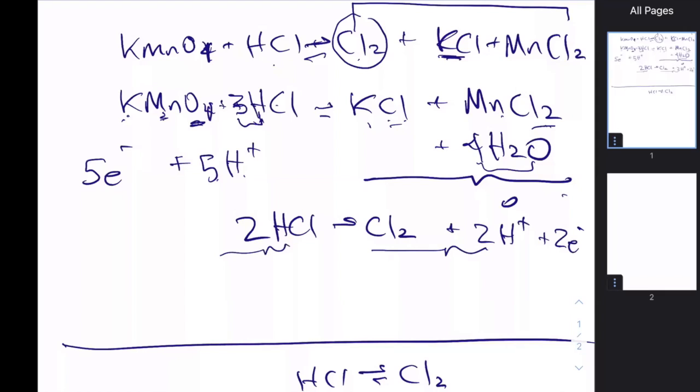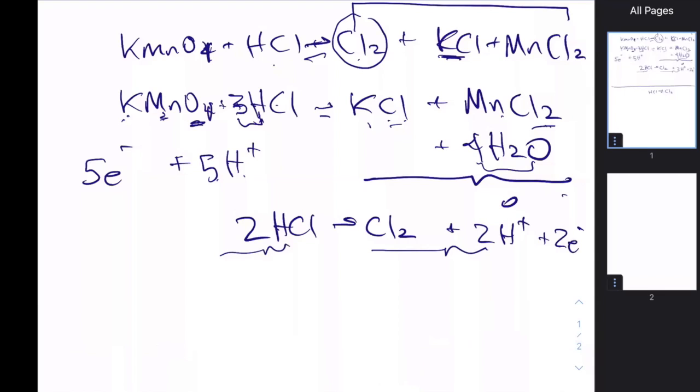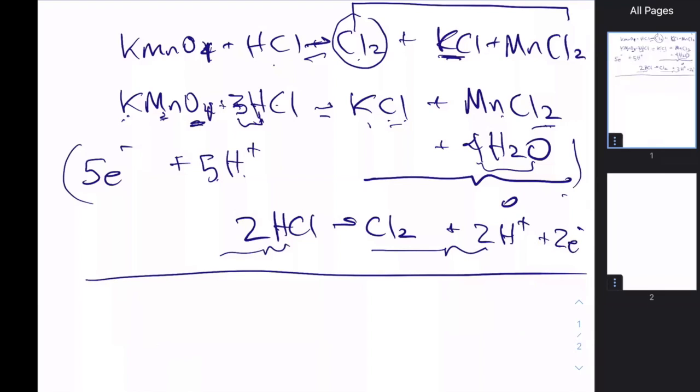So I told you that the hardest part is actually getting started. Once you have the two half reactions, it's pretty easy mathematically. I can see right now that my common number is 10. So I need to multiply this top reaction by 2 and this bottom reaction by 5 and then add the 2. And then when I add it, the 10 electrons on the right should cancel out with the 10 electrons on the left.